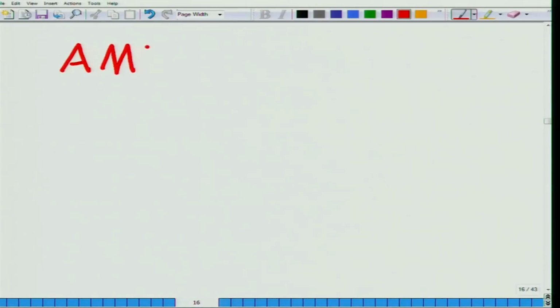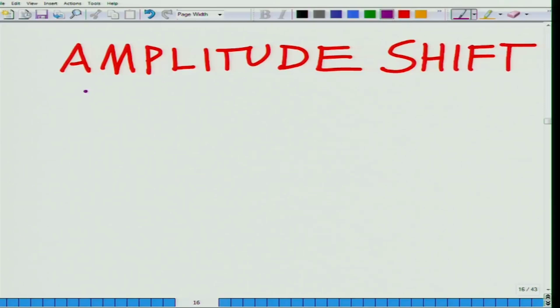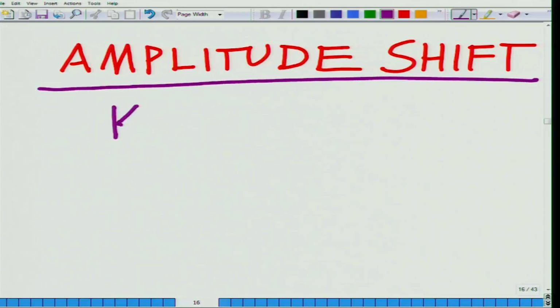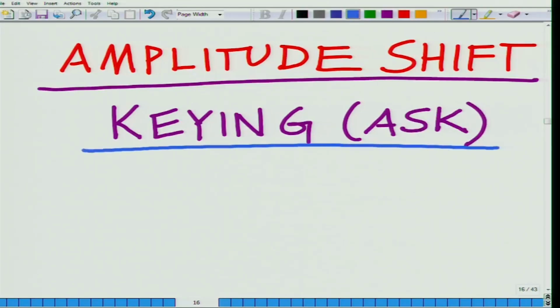We will look at a different modulation scheme which is amplitude shift key, or ASK.